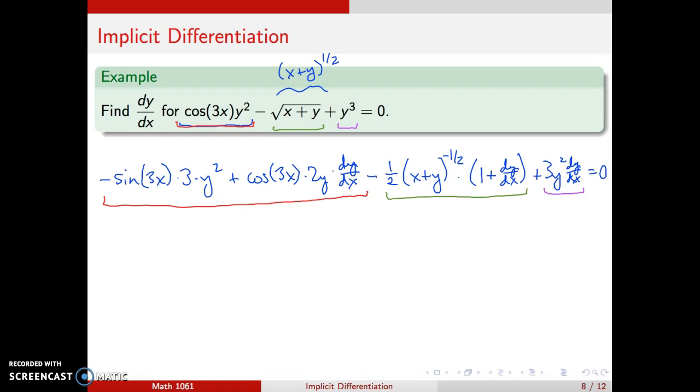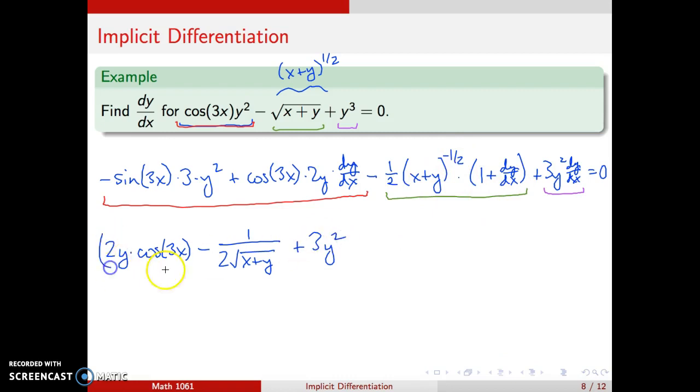Okay, so now I've got to get everything grouped together. I've got cosine 3x times 2y. I'm going to write it like this, 2y times cosine of 3x, minus 1 over 2 times the square root of x plus y, this term, times the dy/dx, plus 3y squared.